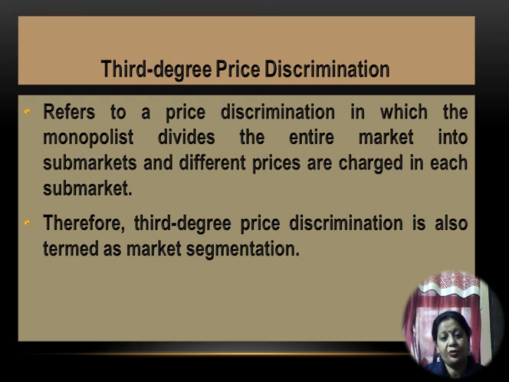Why? Because he is following the feature of market segmentation: he has divided the market into a number of segments, and the monopolist is charging different prices from each market segment. So that is known as third degree price discrimination.